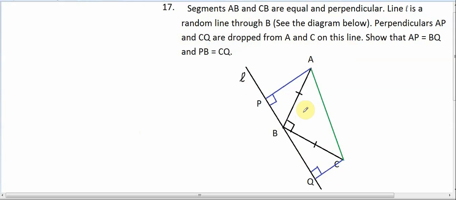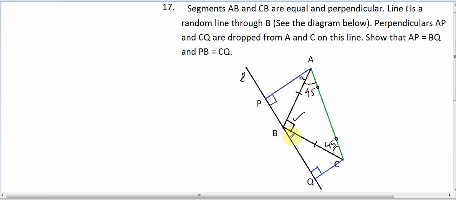and let us name a few angles. Let this angle be called A. Now this angle is going to be 45 degrees. Because you see, triangle ABC is an isosceles triangle, and the equal lengths, the middle angle is 90 degrees.